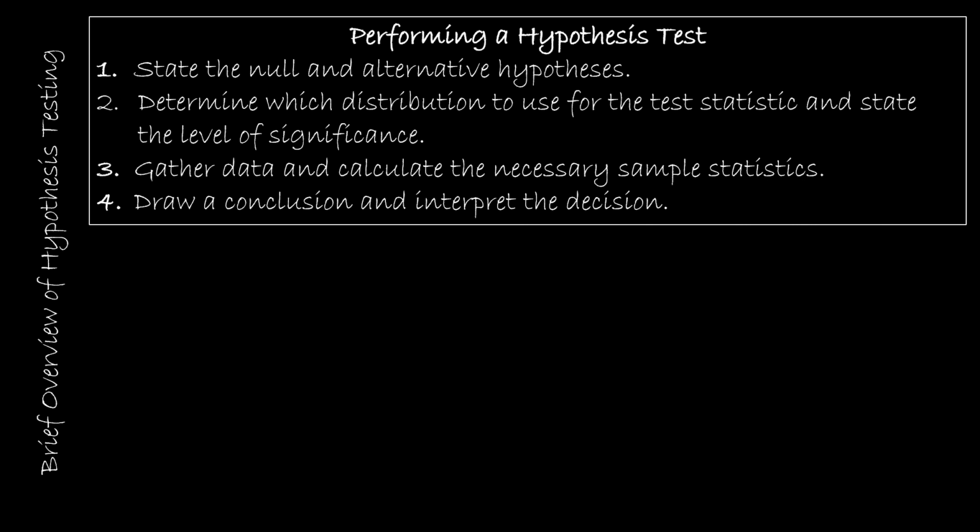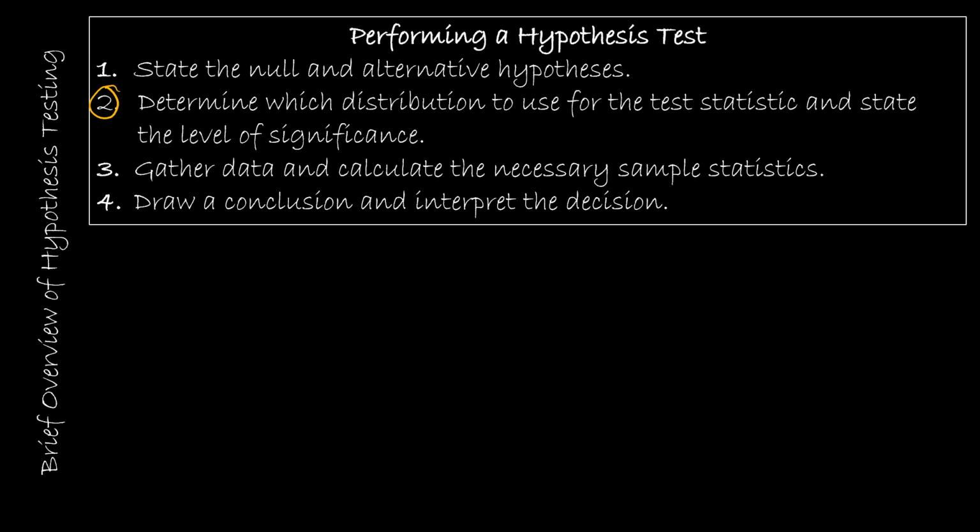The first thing that you need to do is read whatever question you're being asked. And I would argue that actually step 2 has to come before step 1. Step 2 is determine which distribution to use for the test statistic and state the level of significance. So really what you're going to do is read the question and determine, do you have a mean where sigma is known?